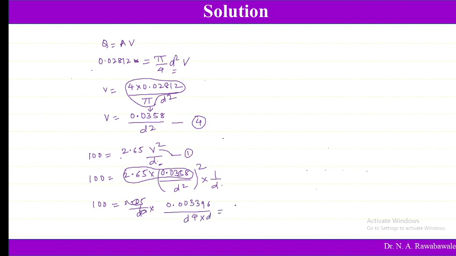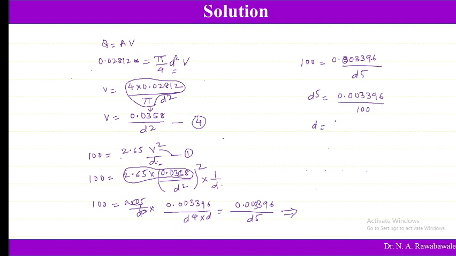So this can be written as 0.03396 divided by d to the power of 5. So 100 is equal to 0.03396 divided by d to the power of 5, or d to the power of 5 is equal to 0.03396 divided by 100.